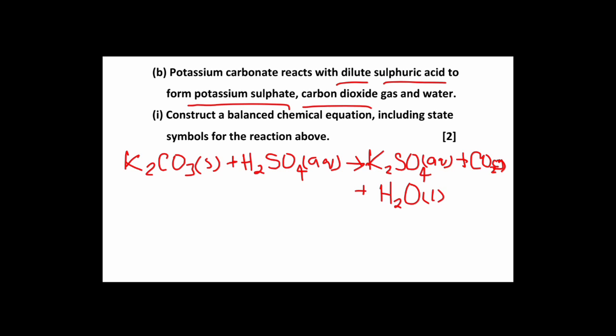What are we going to do next? The question is saying balance. So you check the equation. Now, if the equation is balanced, you will see that the number of each atom on the reactant side should be equal to the number of atoms on the product side.